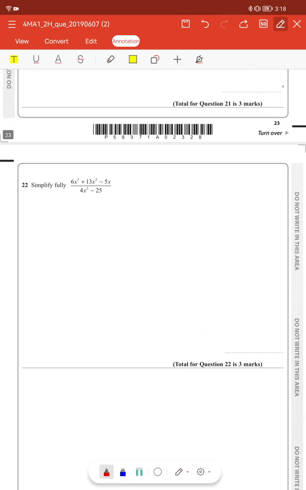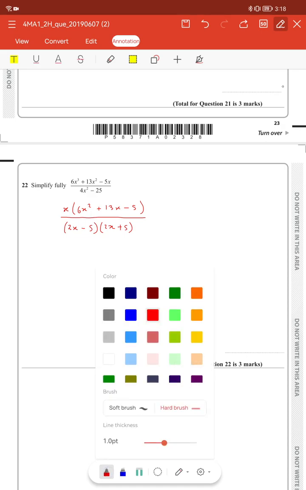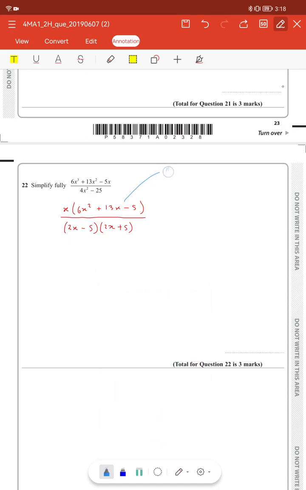Simplify fully. So with this, we can remove an x from the top, so we're left with 6x squared plus 13x minus 5. And the bottom, we would have a difference of 2 squares. So we get 2x minus 5 and 2x plus 5. The top, remember, we can do the AC method, which would equal minus 30. And that would be minus 10 and minus 3.